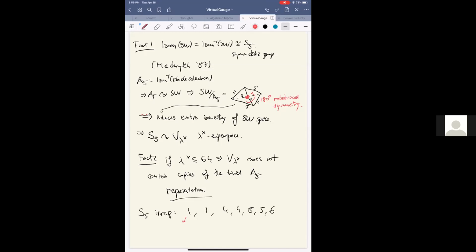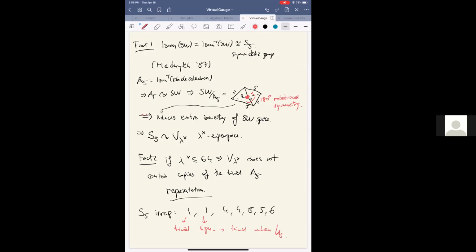And this is the trivial representation, and this is the sign representation. And they both restrict to the trivial representation of A5. The sign representation is defined to be trivial when restricted to A5.